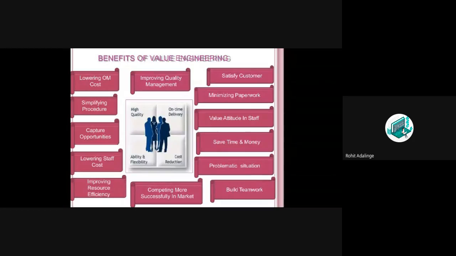As the number of operations will get reduced, it will impact the staff quantity required to produce the component. So we can say it will help to reduce the cost of staffing. So lowering staff cost is a benefit of value engineering. Then improving resource efficiency. Resource efficiency means what?